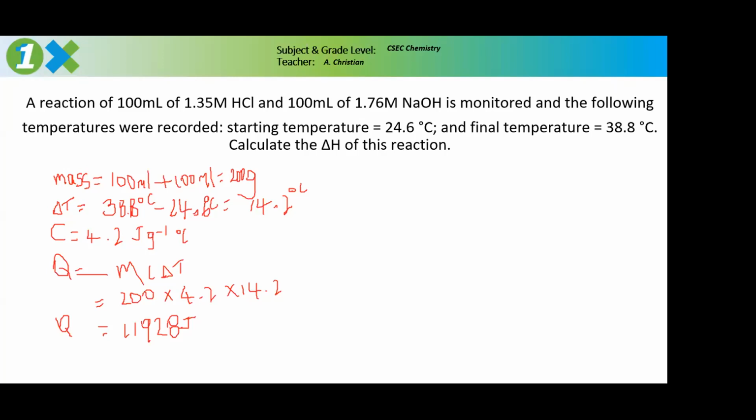You don't remember writing an equation? No, sir. Right. So you have to write the balanced equation. This is a neutralization. So a neutralization is dependent on the number of water that you find.